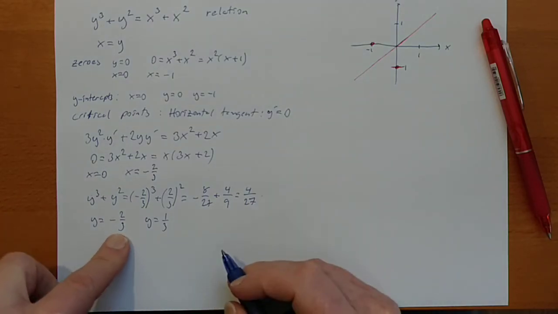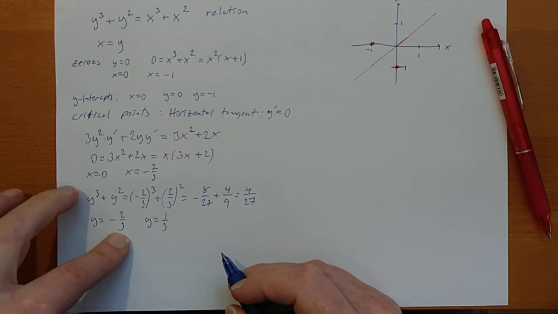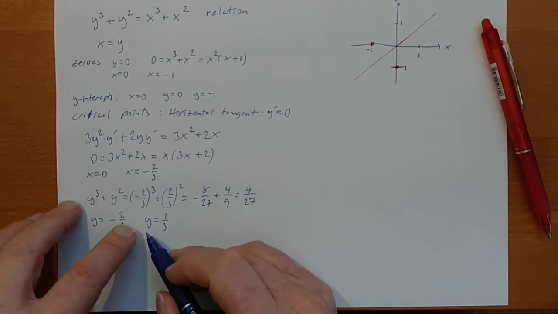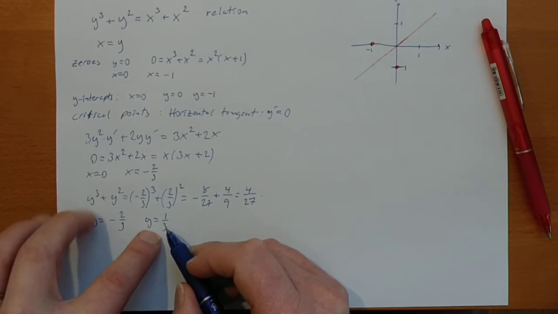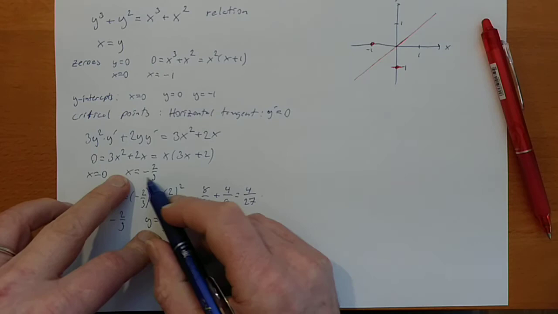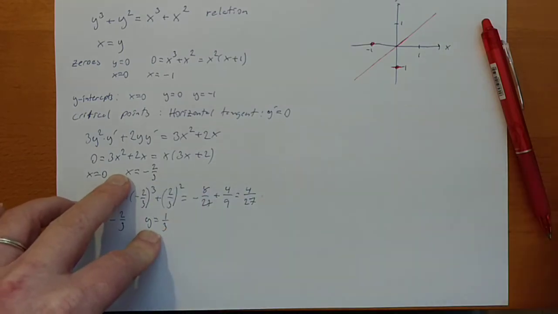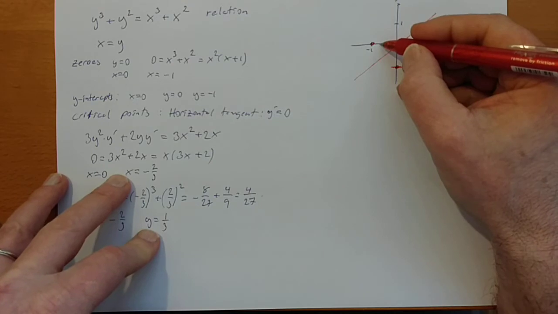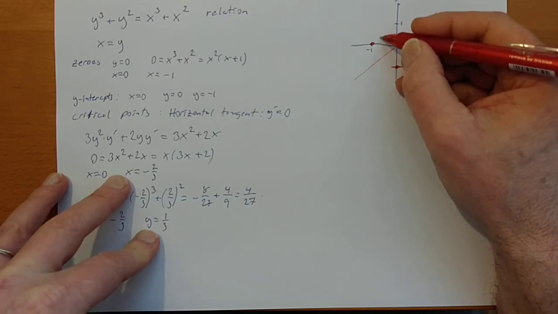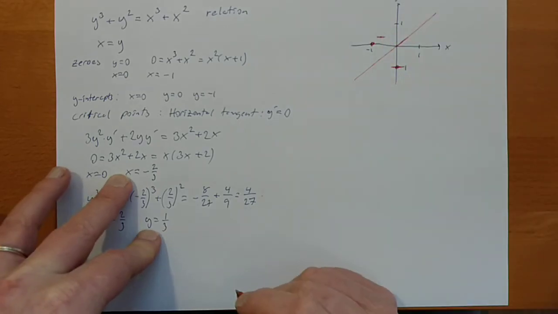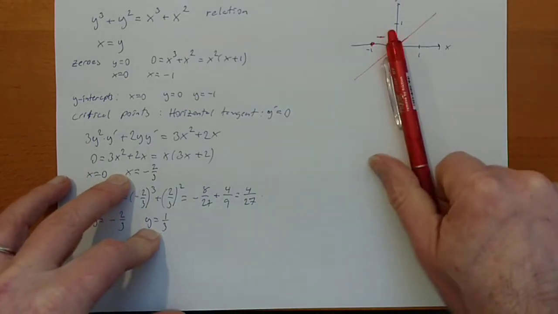So if the derivative is 0, we have that y equals 1/3 at x equals negative 2/3. Okay, so x equals negative 2/3, we are somewhere over there. Then y is about 1/3, so we are somewhere up there, and there we have a horizontal tangent.